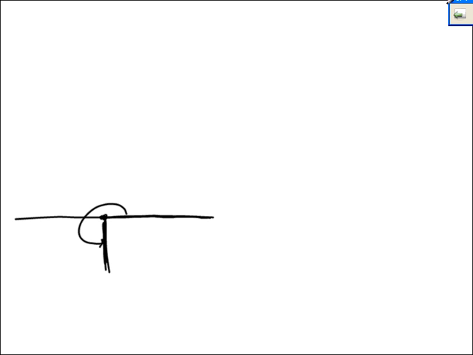Through this point again, extend it. 90, 90, and 90. I trisected it. But you can't trisect any old angle. Just some very special ones. Like a 100-degree angle, you can trisect it.